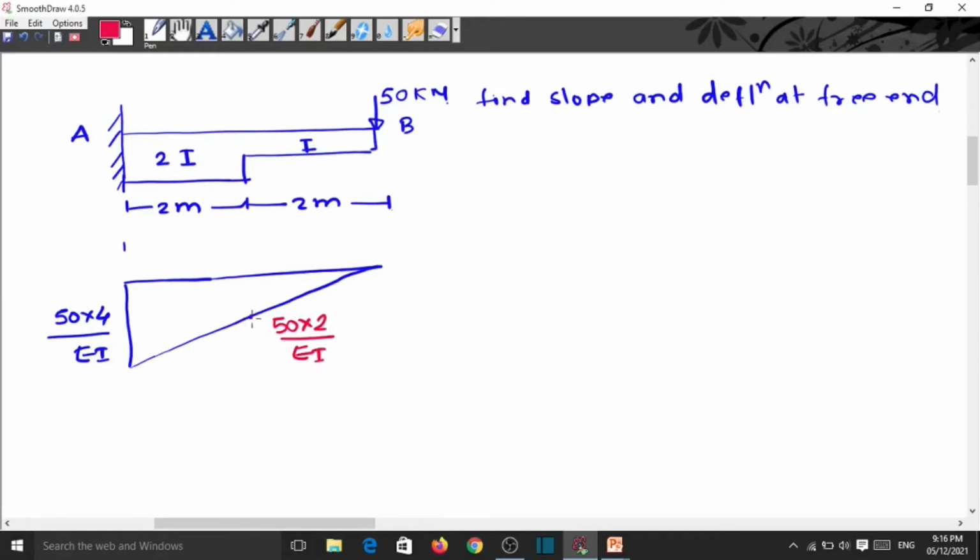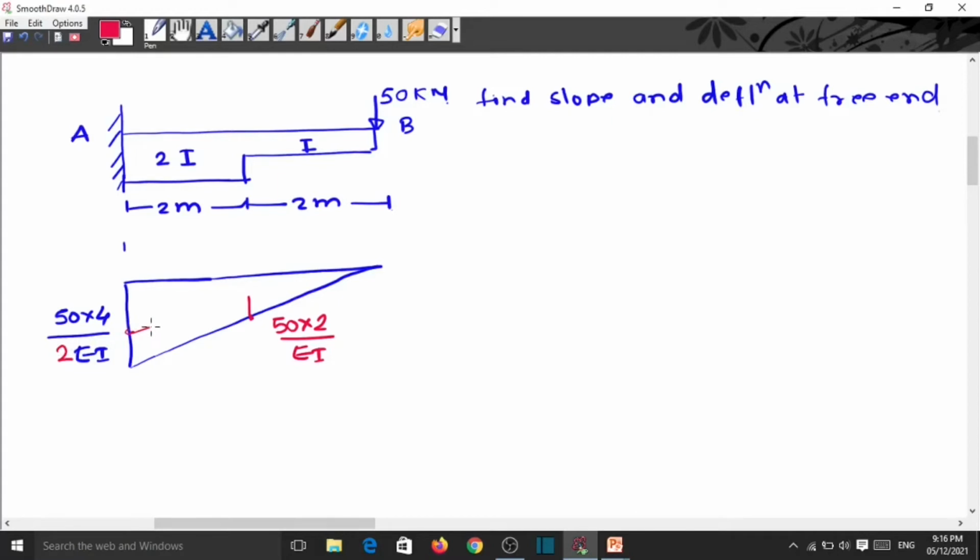Now at this junction there is again this having the 2I. So here this is to be reduced, and also here is 50 into 4 divided by the 2 EI. So this length gets reduced.